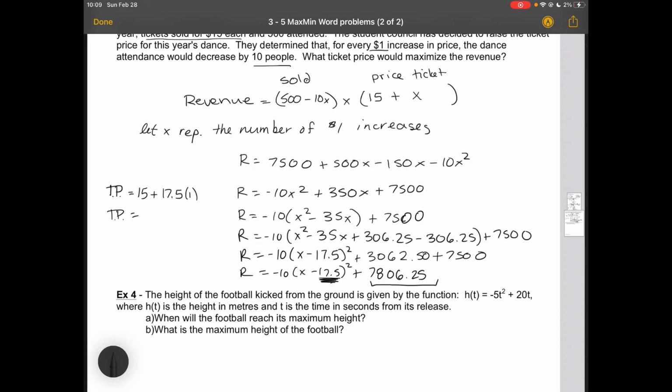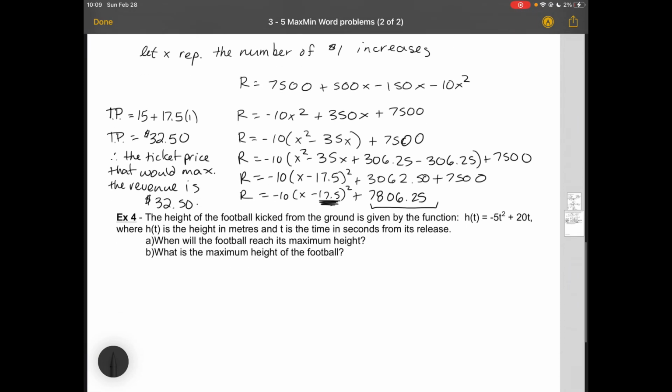So my total ticket price is going to be 15 plus 17.5, which is going to give me a ticket price of $32.50. So therefore, the ticket price that would maximize the revenue is $32.50.